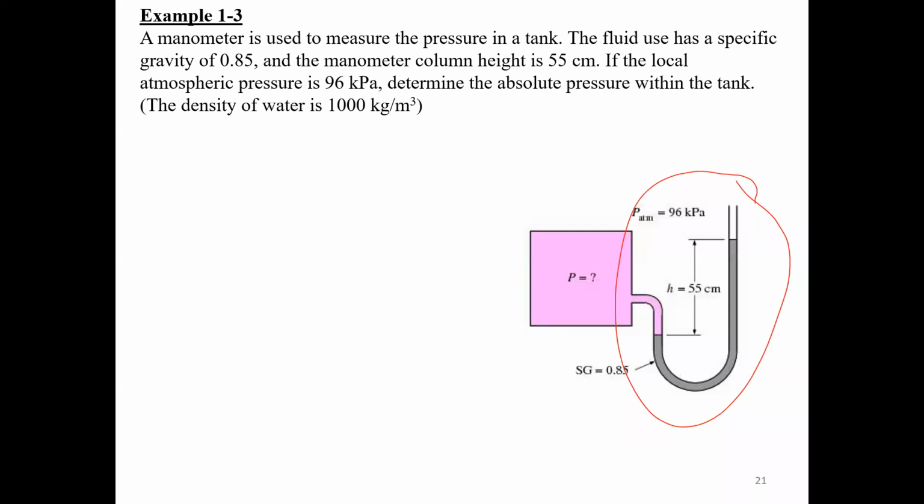Because this is the gauge. We will come to different types of gauges used in experiments, such as the Bourdon gauge, which has a pointer. But this is a manometer. Sometimes this is more accurate than the other one, because it relates to the density of the fluid.